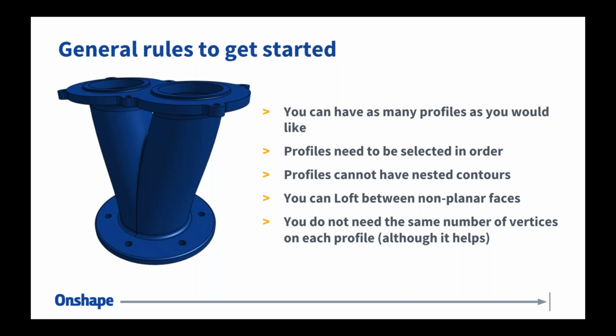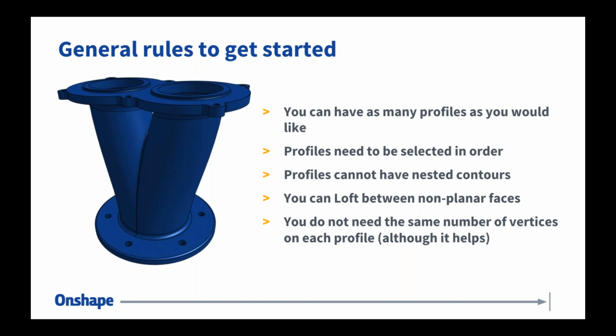The next tip that I have is more of a warning. You do not need to have the same number of vertices on each profile of your loft, but it really helps. And I'll explain what that means in just a bit. But keep in mind, if I'm lofting from a square to a circle, a square has 4 points, a circle has none, right? So how to map where that transition takes place can be a difficult thing.